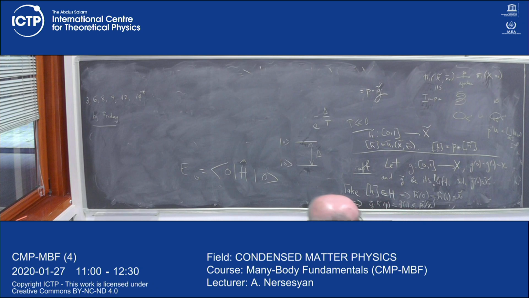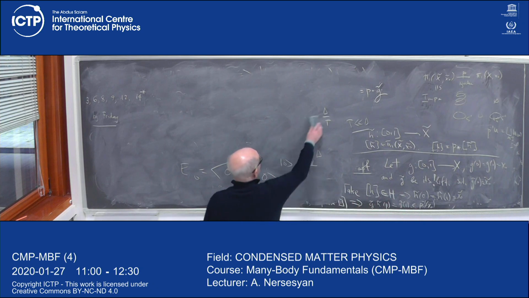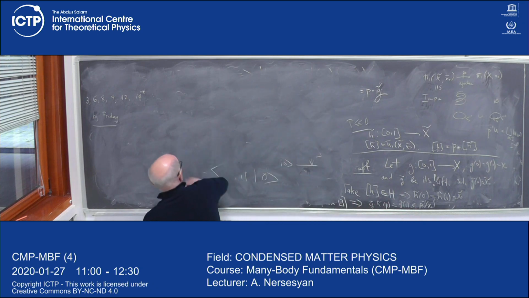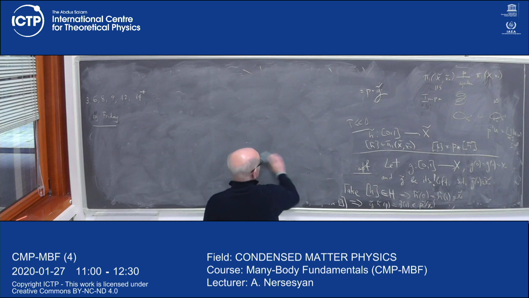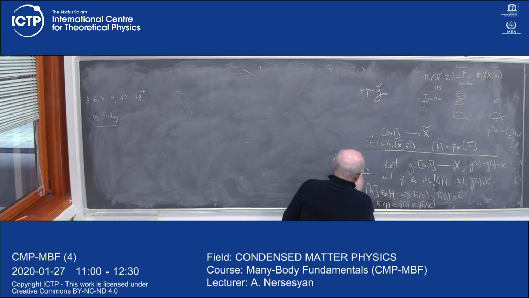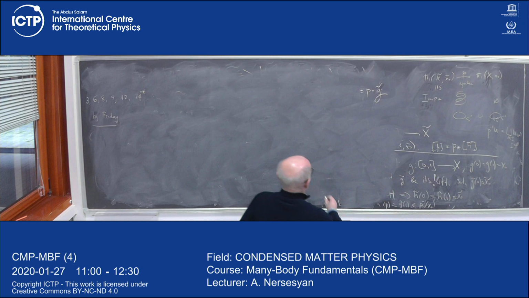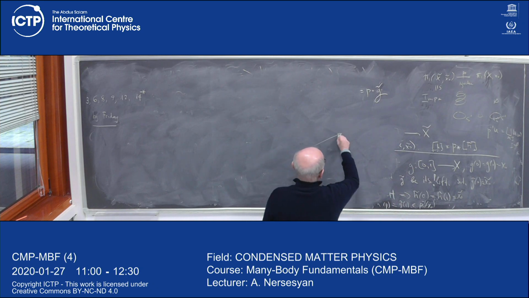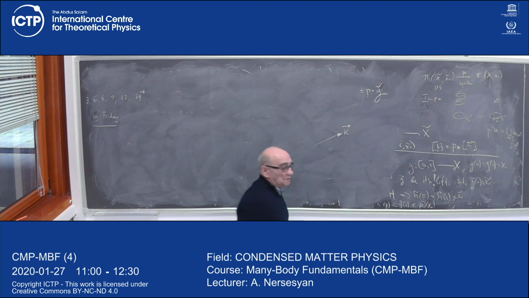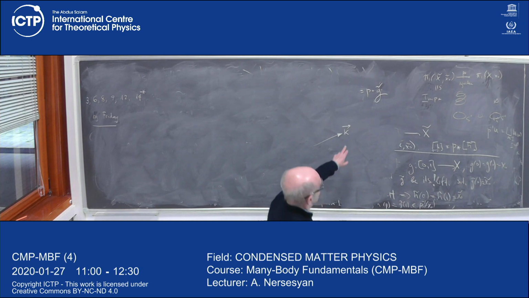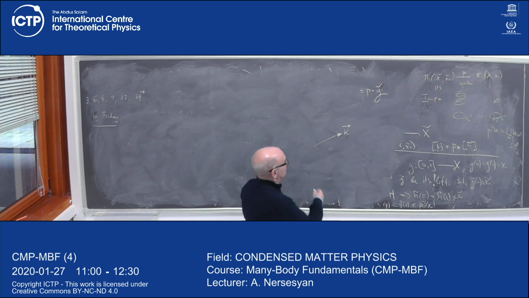Now we will try to improve the situation and take into account acoustic phonons. Now, as I said last time, and you know it well, if you are in a three-dimensional crystal and you fix the propagation of the wave, some compression wave, whatever, in some direction, labeled by vector k, then you have two options.